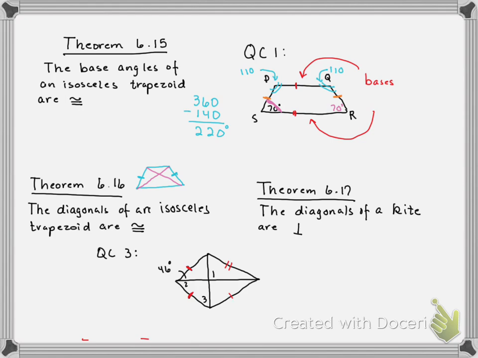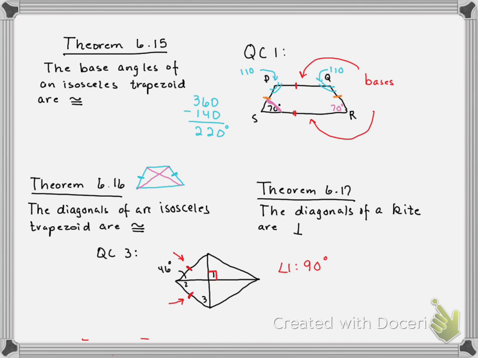But what we are given in the drawing for Quick Check 3 is exactly what you see here, okay? So if we're talking about the diagonals of a kite, we know that if they are perpendicular, where they intersect, you get a right angle. So angle 1 is a 90-degree angle. Okay? Now, what's important here about this kite is that this side right here and that side right there are congruent to each other.